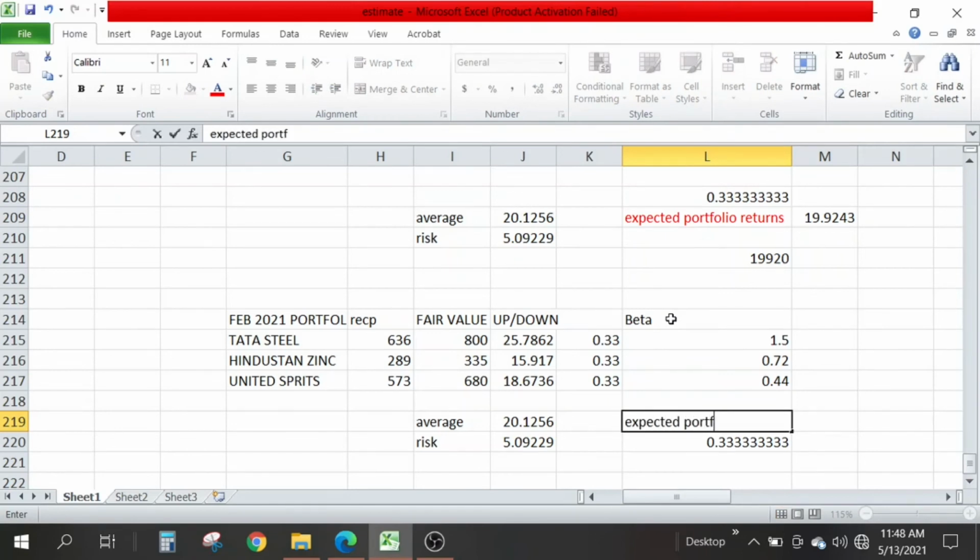And now the most important thing is expected portfolio return. To find out that, what we have to do is we have to multiply the allotted beta.